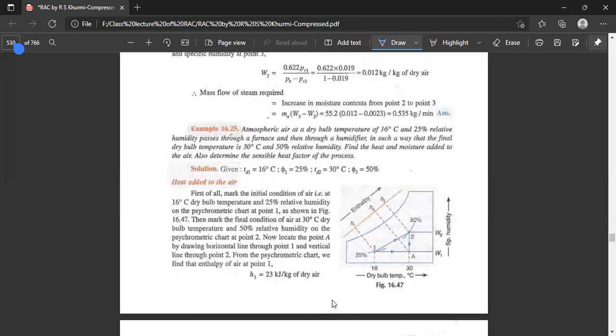Find the heat and moisture added to the air. Also determine the sensible heat factor of the process.